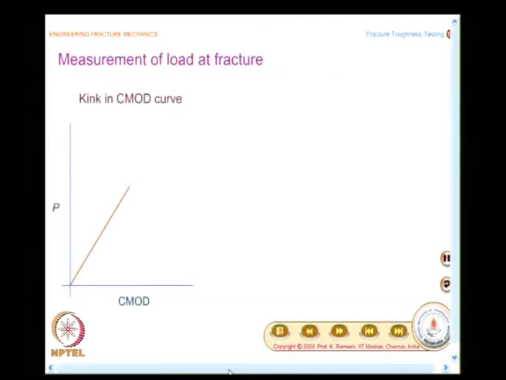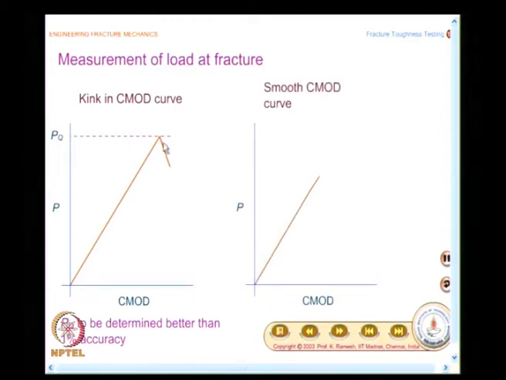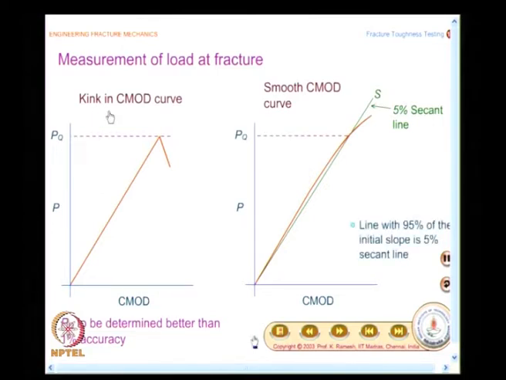And how do you measure the load at fracture? You have a nice curve here, it simplifies your evaluation of the load. Make a neat sketch of this. People classify 3 different varieties, type 1, type 2, type 3. This is type 1, this is type 3, we would also see type 2.